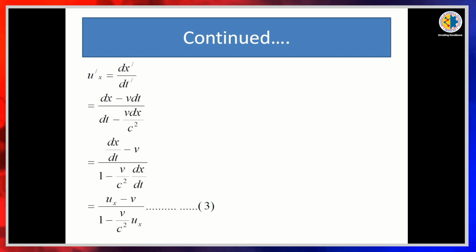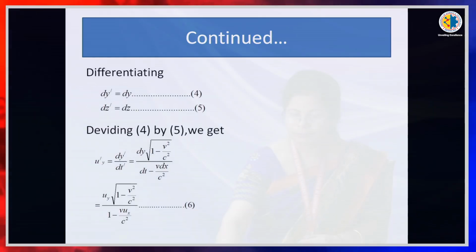Again, dx by dt is the rate of change of displacement, and it is the undashed quantity, with respect to the S frame, the rest frame. So we write dx by dt as ux: u dash x is equal to ux minus v divided by 1 minus v ux by c square. This is equation number 3.